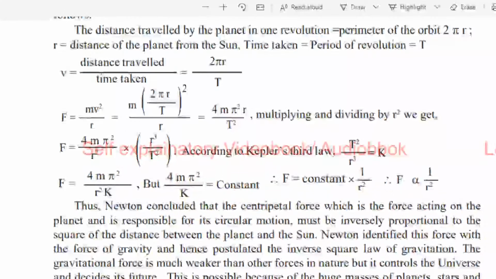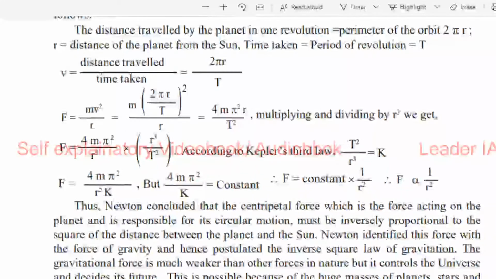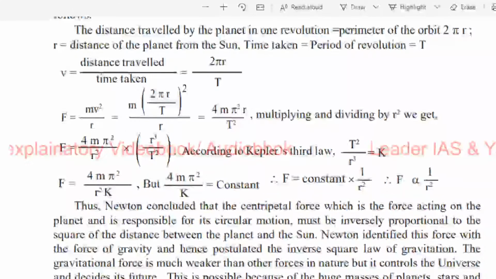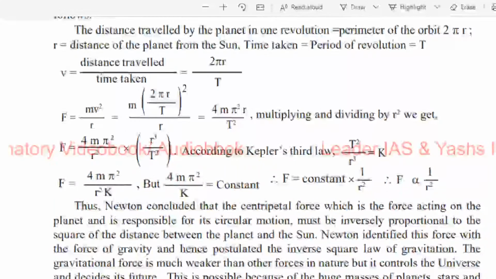Next, capital F is equal to mv square upon r, means F is equal to m in bracket 2 pi r upon T, the whole square upon small r, is equal to 4m pi square r upon T square.